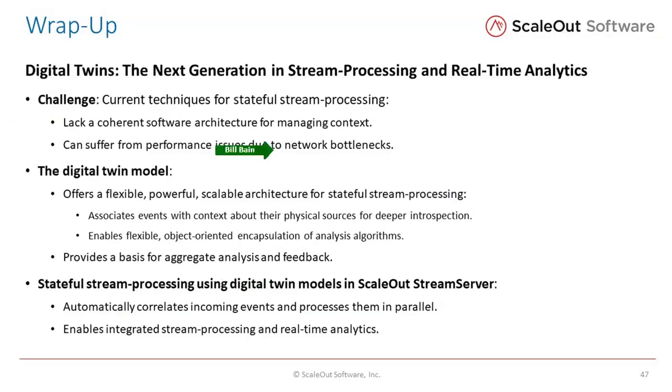And the digital twin model is a flexible, very intuitive model for processing events and doing aggregate analysis, as we just saw. And stateful stream processing with digital twin models allows us to integrate stream processing and real-time analytics in one coherent, unified model, which has clean separation of user-defined code from our platform and allows users to have deeper introspection than previously possible.